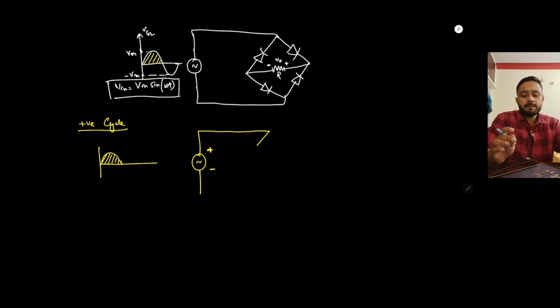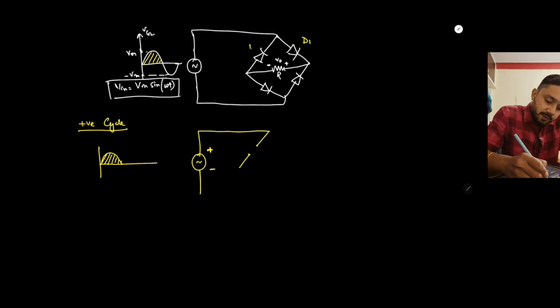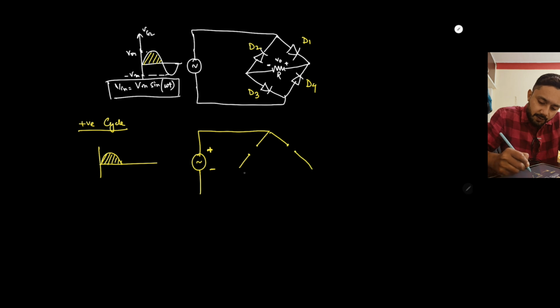Now when the input is positive, which diodes will be conducting and which won't? Which diode will allow the flow of current, and which diode won't allow the flow of current? Let's suppose there is diode 1, diode 2, diode 3, diode 4. Now I want to check which diodes will conduct.